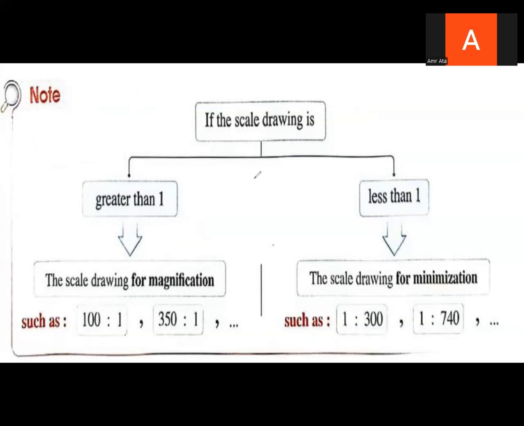It's a very important notice, and it comes in our problems. If the scale drawing is greater than 1, I write magnification. If the scale drawing is less than 1, I write minimization, okay? Okay.